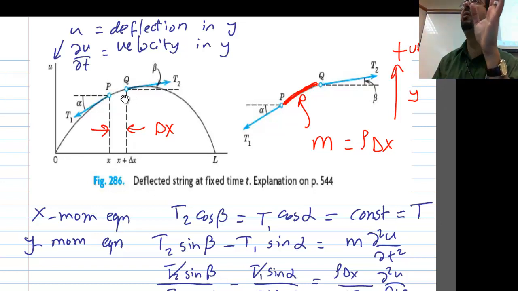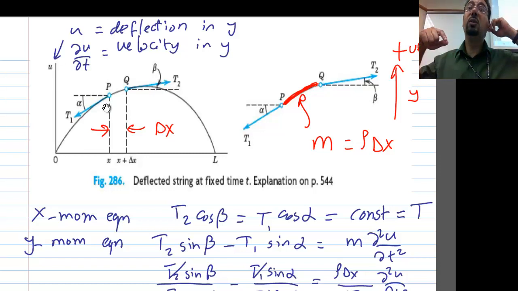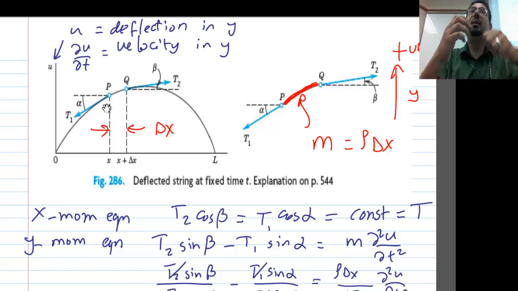We said no gravity, or gravity is very little. So no gravity. Then what other forces are there? Tension. The tension of the wire is always in the direction of the wire. So the wire cannot pull you in a different direction.